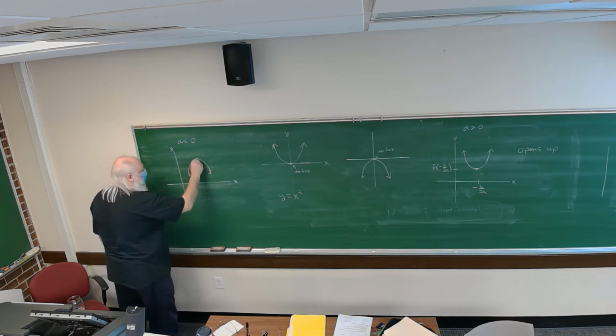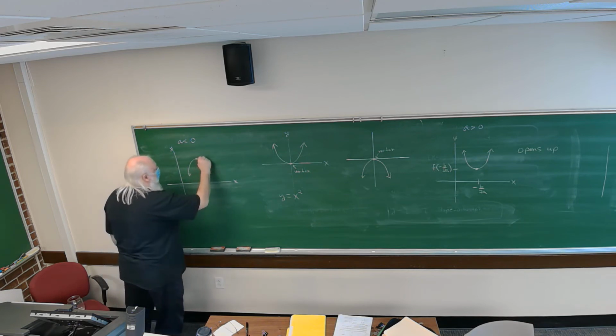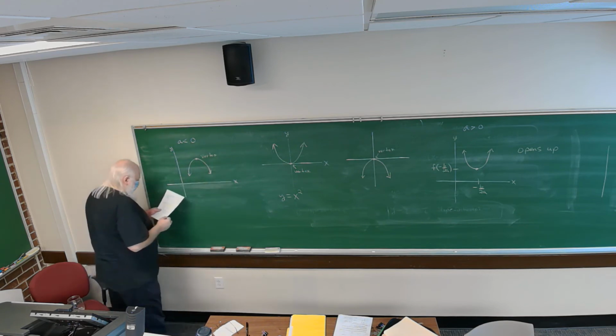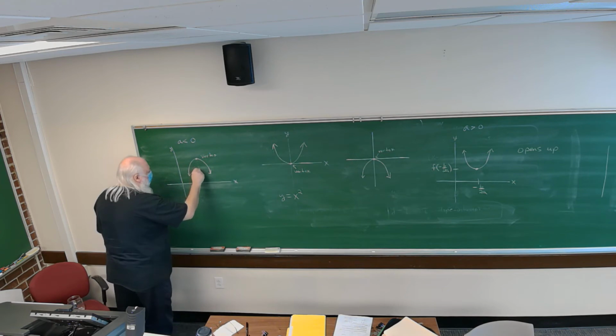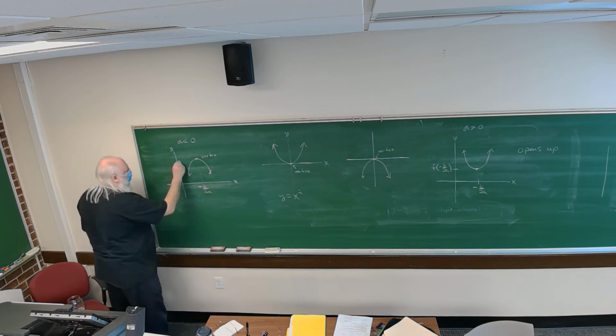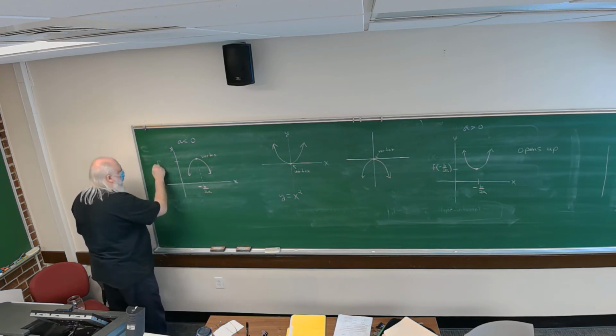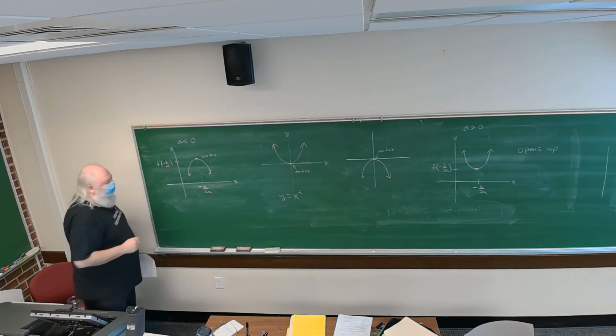The highest point again is the vertex. And the vertex again has an x coordinate of minus b over 2a and a y coordinate of f of minus b over 2a. That hasn't changed.